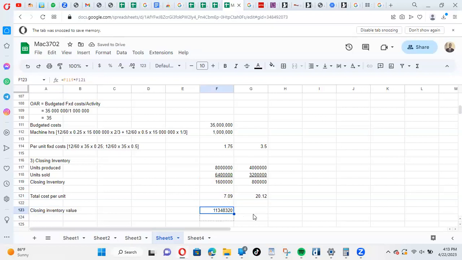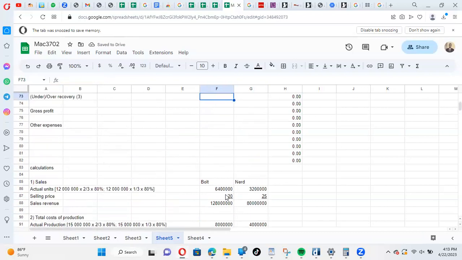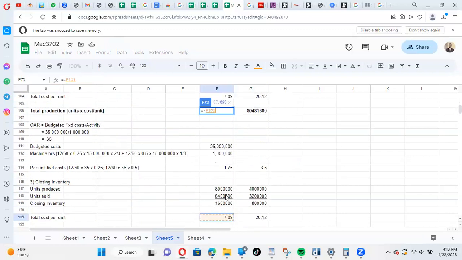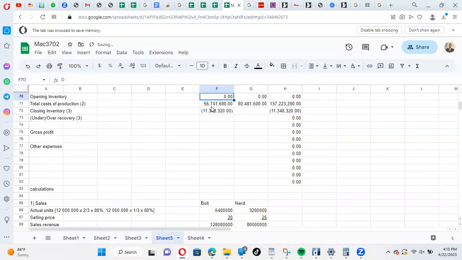Right, so this is, I hope it's straightforward. Let's pull that here. All right. So let's put it over this side. Maybe we'll make it negative. Closing inventory on calculation number 3. Cost per unit, there you go. All right, so we have that there. Let's drag it over there.